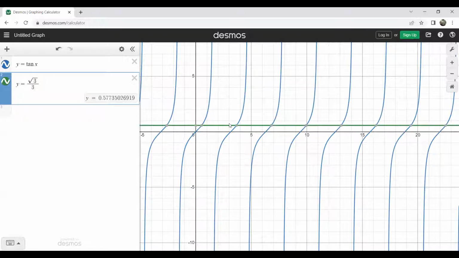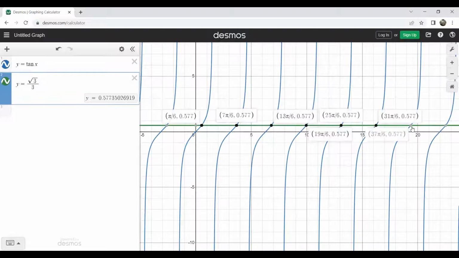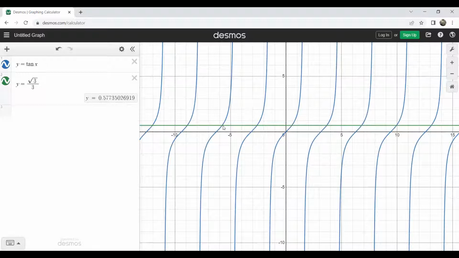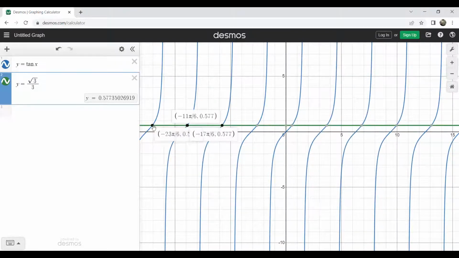So we have the tangent function and we have this constant function. You want to know what are these points? Well, is it possible to list them all? Nope, it's not possible to list them all. But we have a nice method representing these in a compact and shorter version.